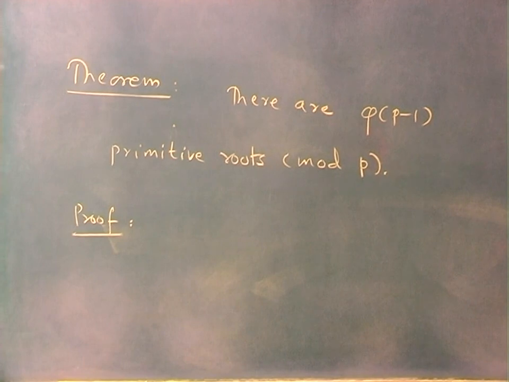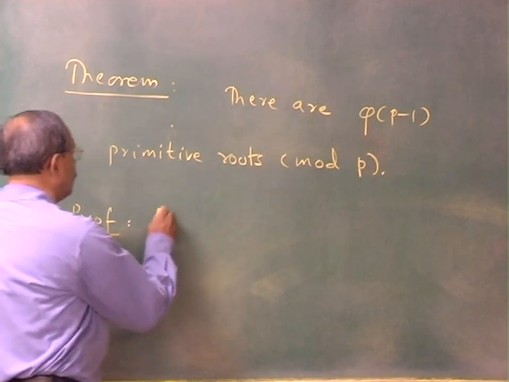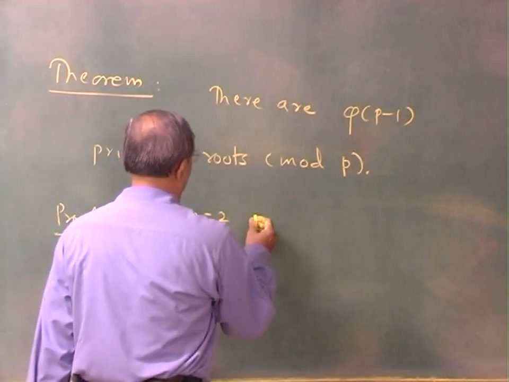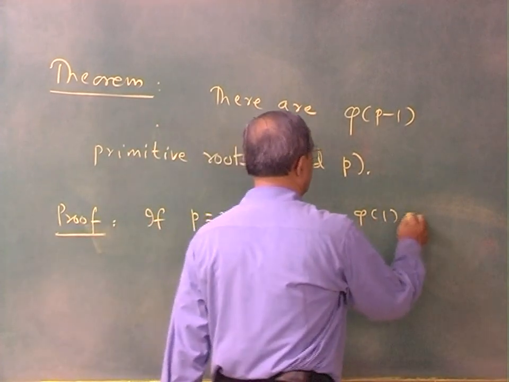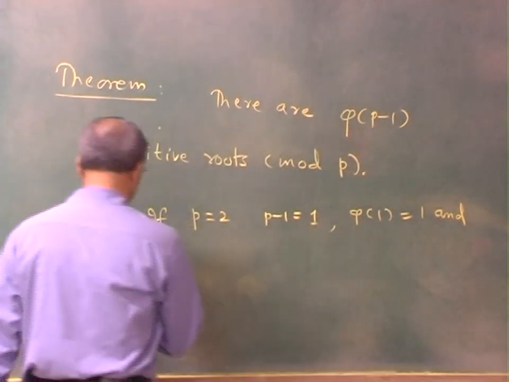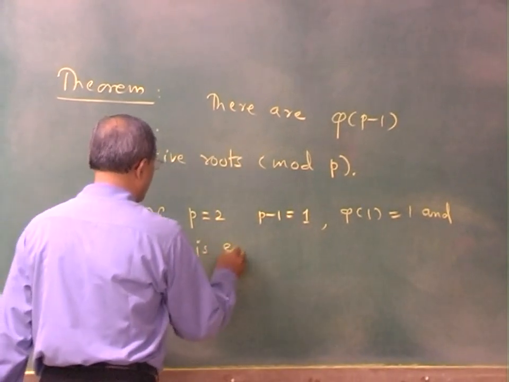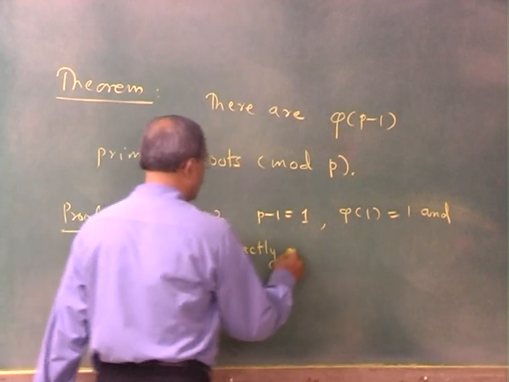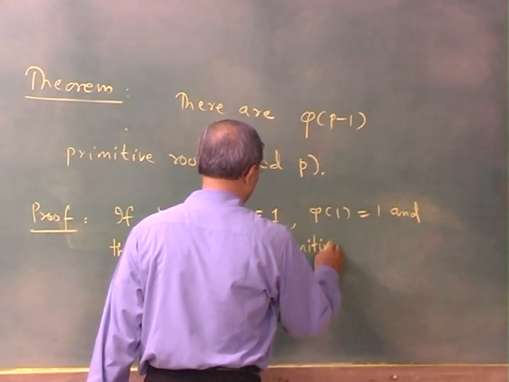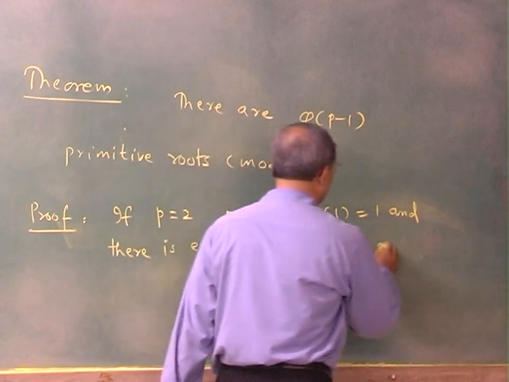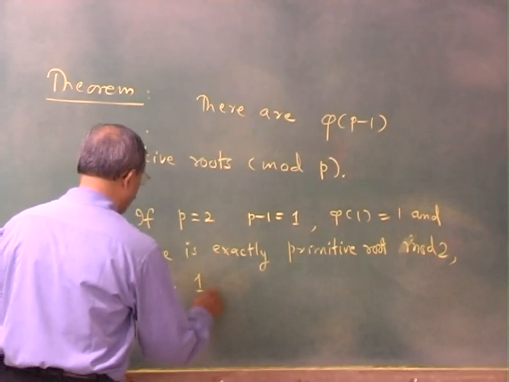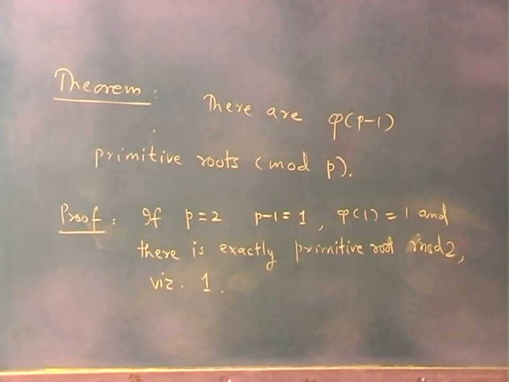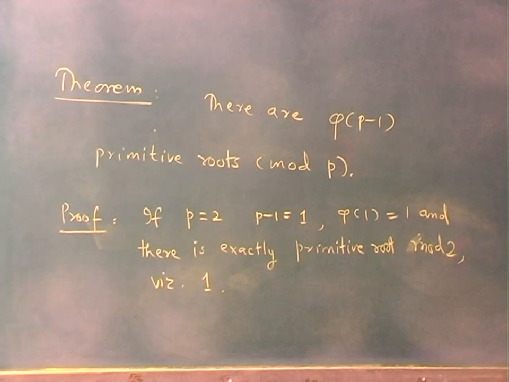So if p equal to 2, p minus 1 is 1, phi of 1 is 1, and there is exactly one primitive root mod 2, namely 1. 1 is the primitive root mod 2. That's the only one mod 2.